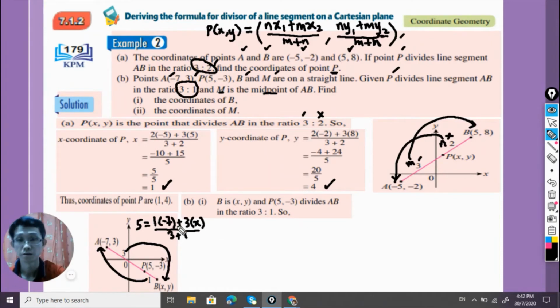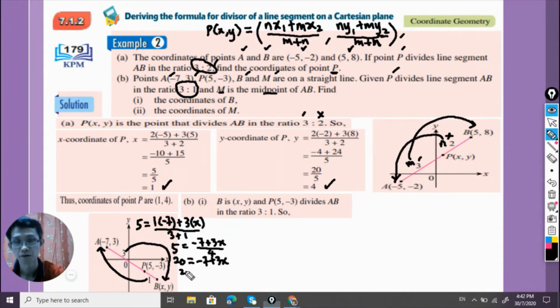After that you should simplify. So we got 5 equals -7 plus 3x over 4. By moving 4 over, so multiply with 5, we get 20 equals -7 plus 3x.